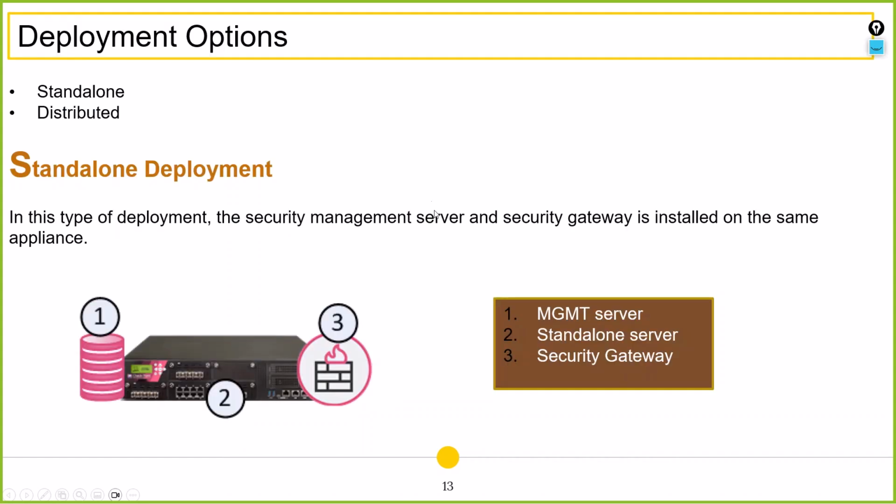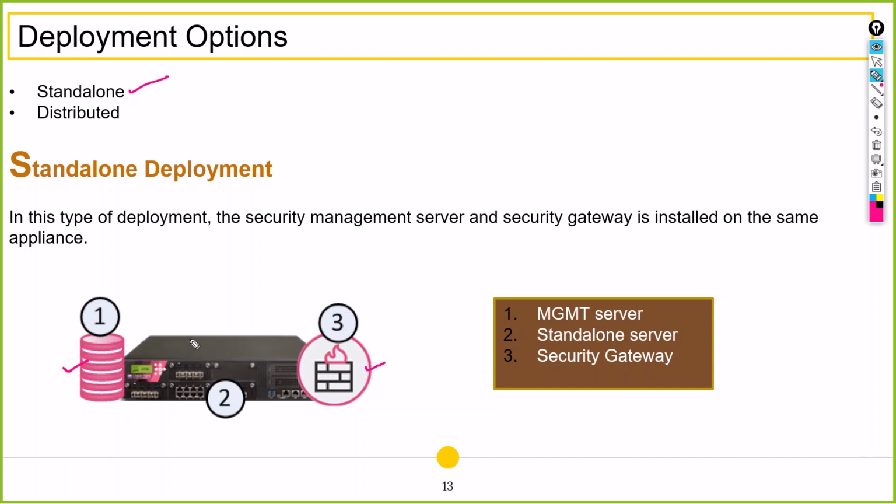Okay, so when it comes to doing the deployment, these are terms you should be aware of. So we have a standalone option. Standalone is you have a single device, could be physical, could be an open server, could be your virtual machine, and you're running both the management server and your gateway on a single device.